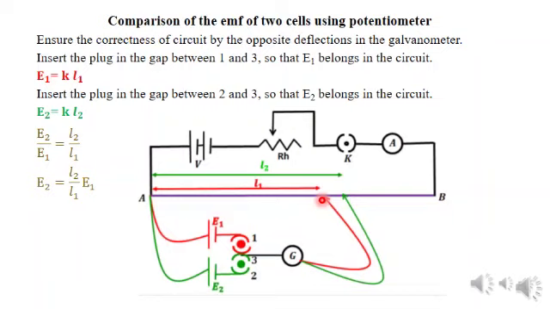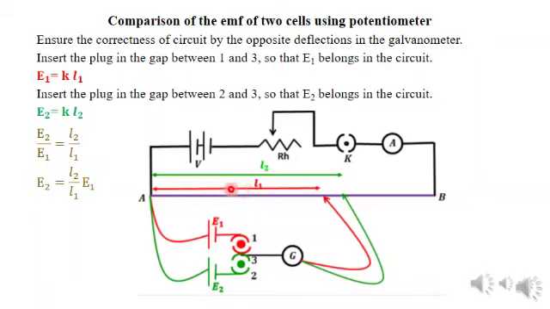Since the cell is not sending any current into the galvanometer, we are measuring the EMF of the cell, not the potential difference of the cell, which is proportional to the corresponding balancing length, that is E proportional to L, or E equal to K into L. This formula we are using in this experiment.